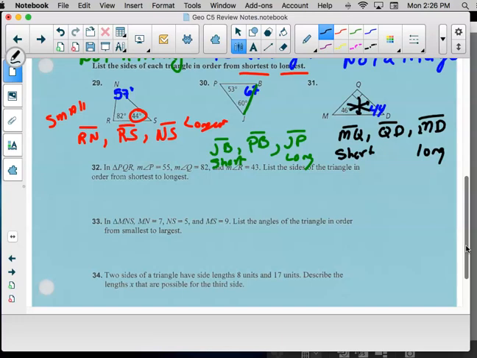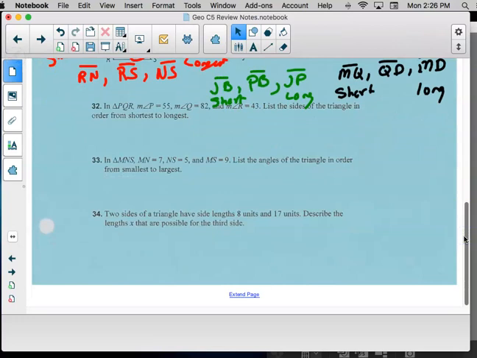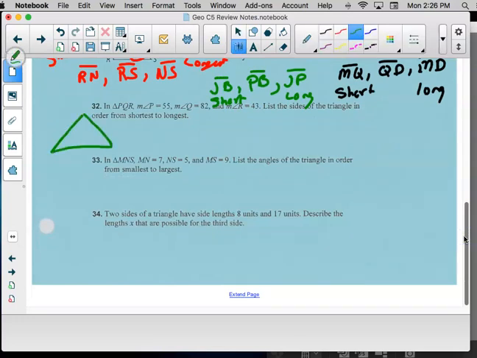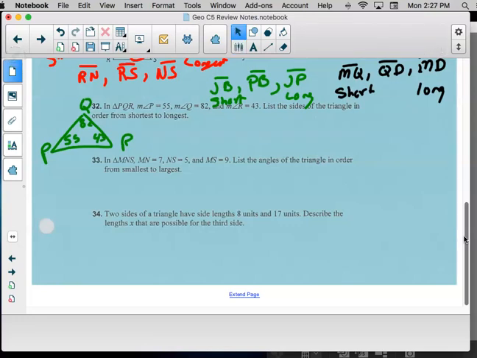Okay, now they're going to do this to me without a sketch. So keeping in mind that I'm looking at a triangle, if I wanted the sketch, I could totally go PQR and put that 55 is inside Q, 82, and R is 43. But I kind of like doing it this way. This way I'm going to show you that this is the shortest angle.